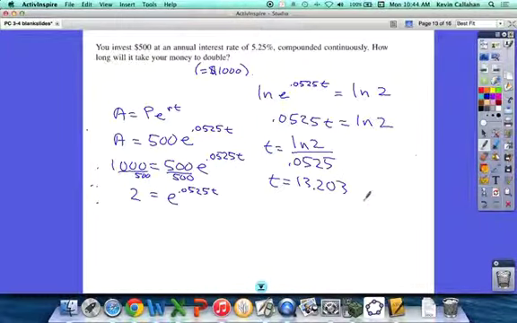So it would take 13 years to double your money. Not too hard? Okay.